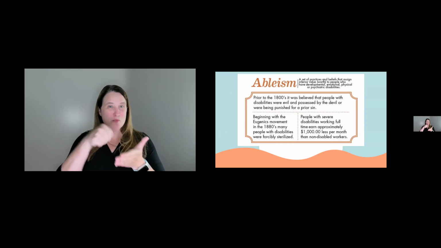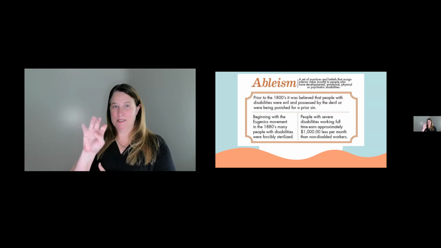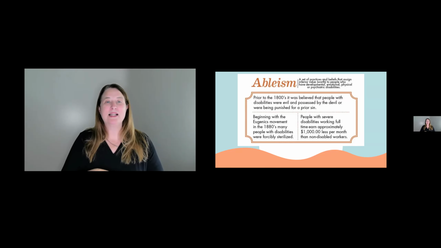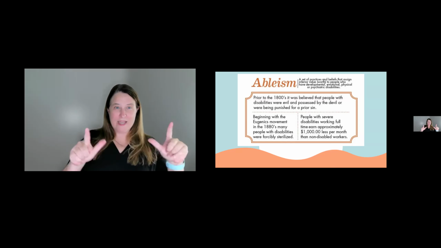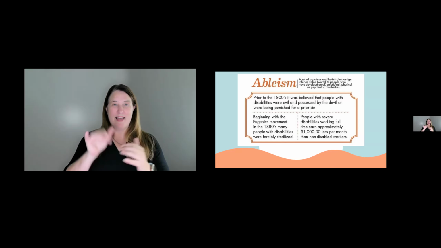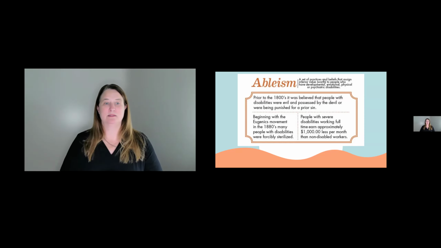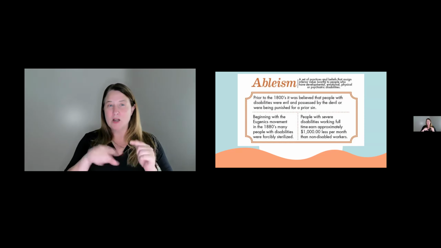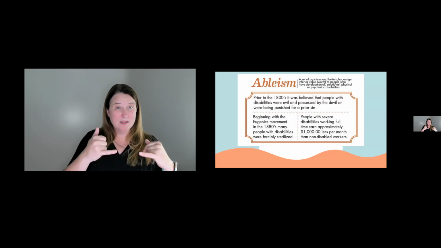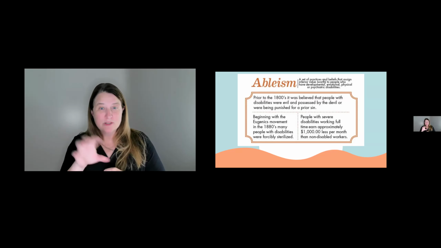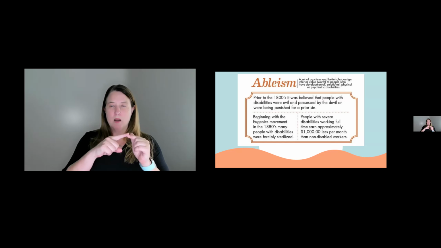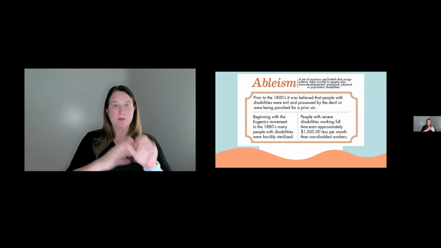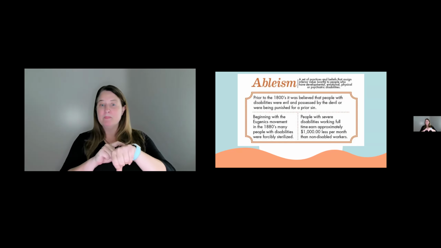So an example, well, let's talk about the ableism definition. You remember the concept of ableism. Here's an example of how formal language about what that concept might look like. So talking about like a historical timeline, 1800s, is more about statistics, for example.